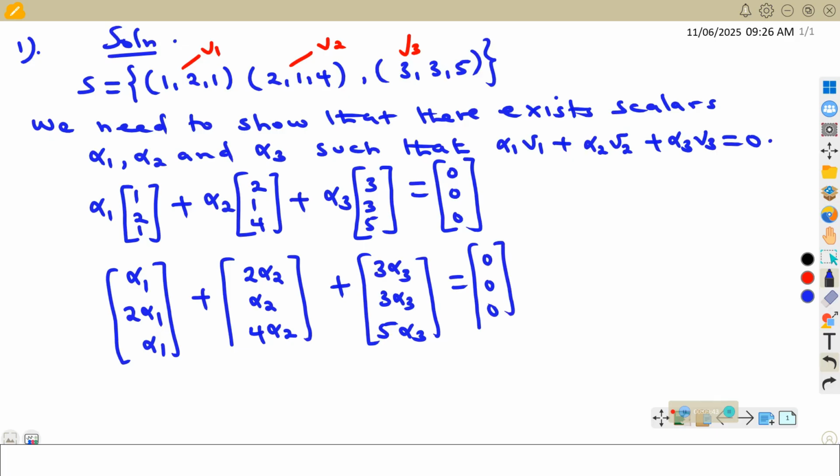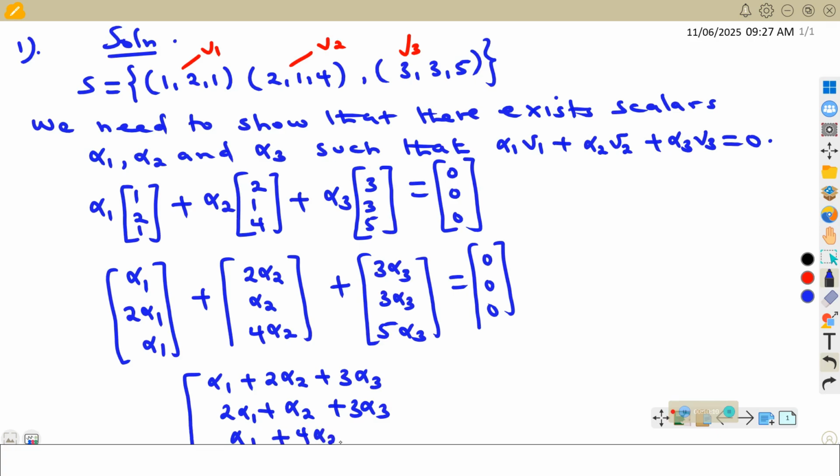So from here, we can equate the corresponding components. We have alpha 1 plus 2 alpha 2 plus 3 alpha 3, then 2 alpha 1 plus alpha 2 plus 3 alpha 3, and lastly alpha 1 plus 4 alpha 2 plus 5 alpha 3, and this should be equal to (0, 0, 0).